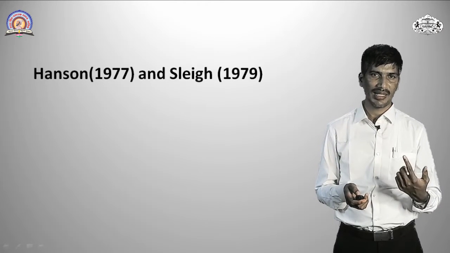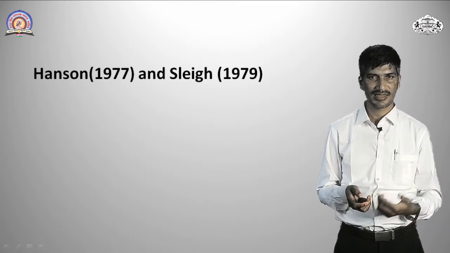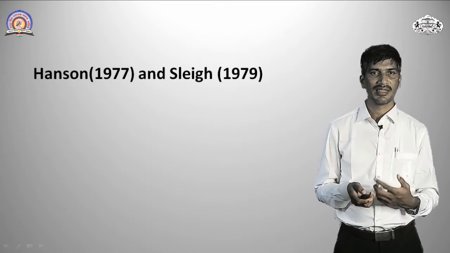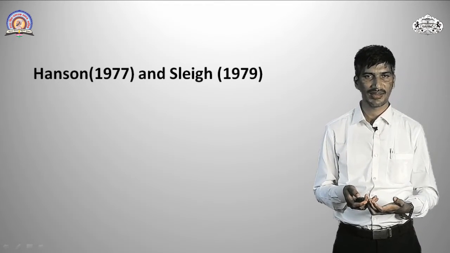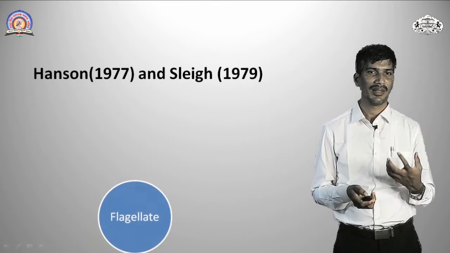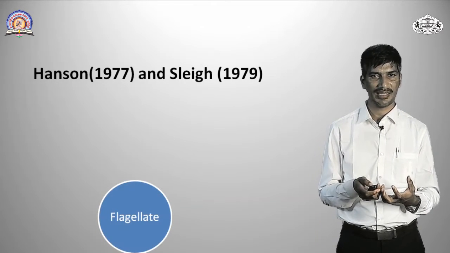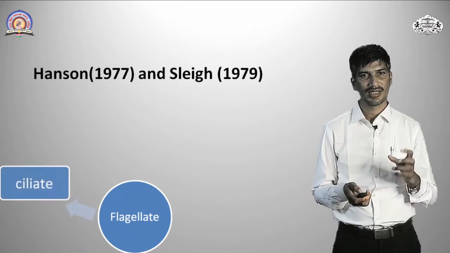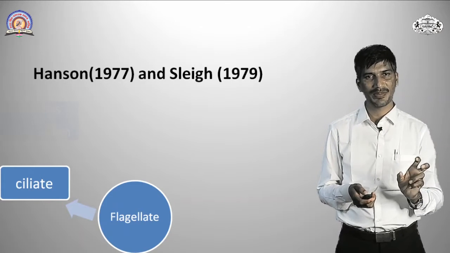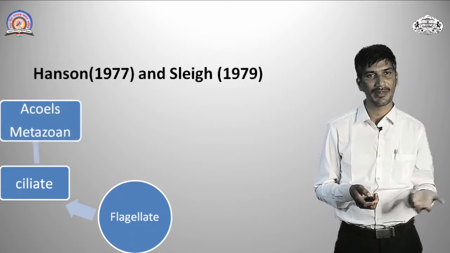Similarly, Hanson and his co-worker Sellagi in 1979 again put forward another proposal, that there is a flagellate organism whose development occurs through the Ciliata group. The Ciliata group actively participates in the origin of the acoelomate metazoan organism.